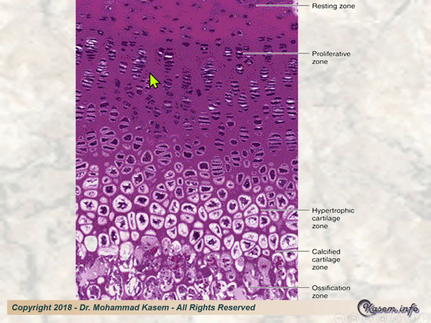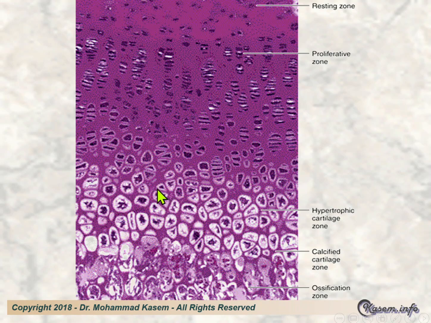The cartilage cells here will start proliferating, forming rows of proliferating cartilage cells. So it grows and descends in the bone, forming larger cells here, which become hypertrophied and enlarged.